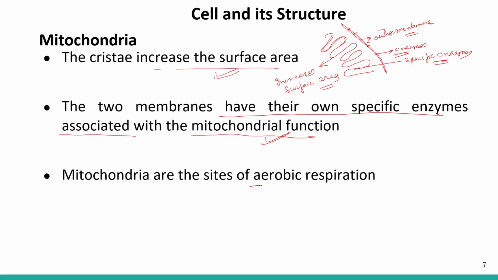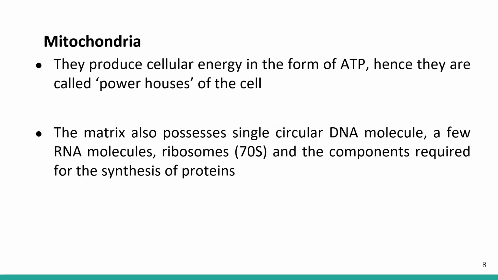Mitochondria are the site of aerobic respiration. Very, very important: aerobic respiration takes place in mitochondria, whereas anaerobic respiration takes place in the cytoplasm itself. Mitochondria produce cellular energy in the form of ATP.